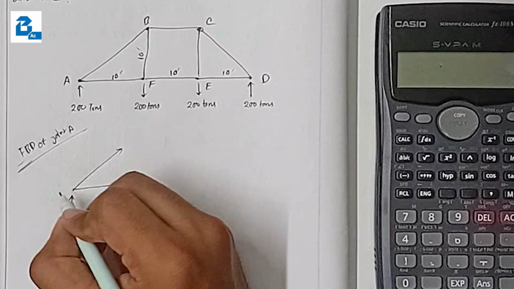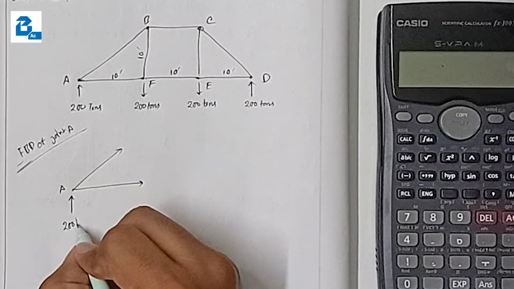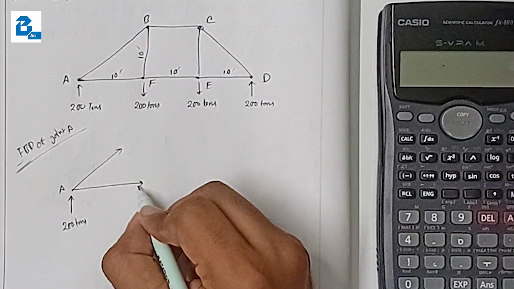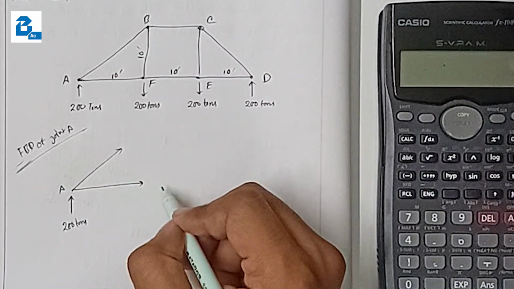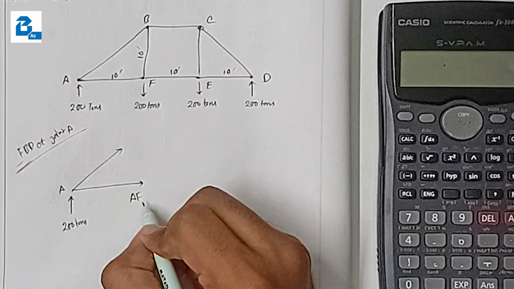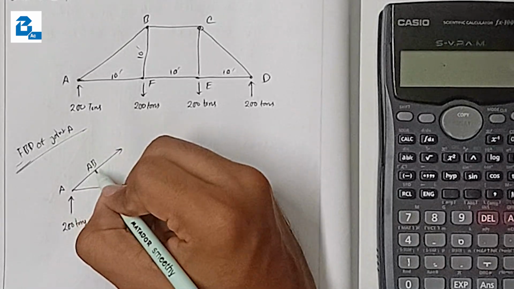Here at point A a vertical force of 200 tons is acting upward, and in the rightward direction there is an AF member that has an unknown force, and the angled AB member which has an unknown force.